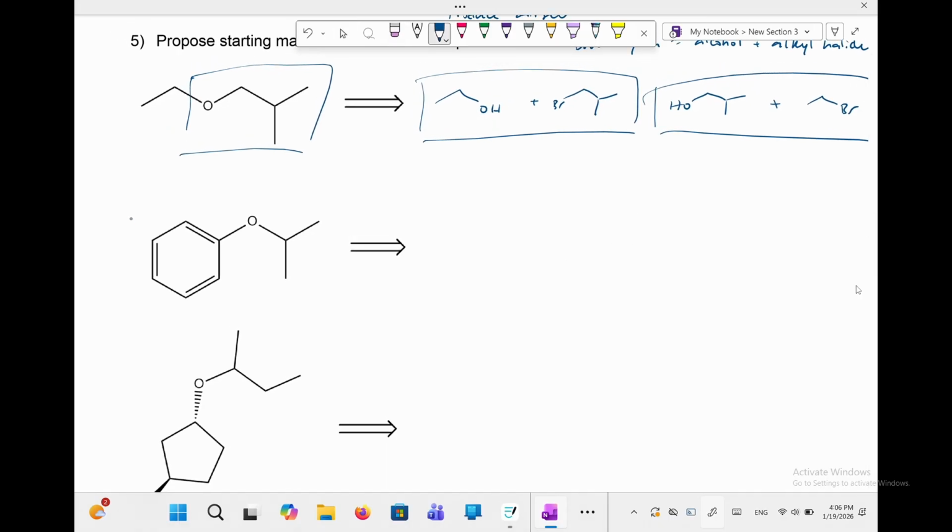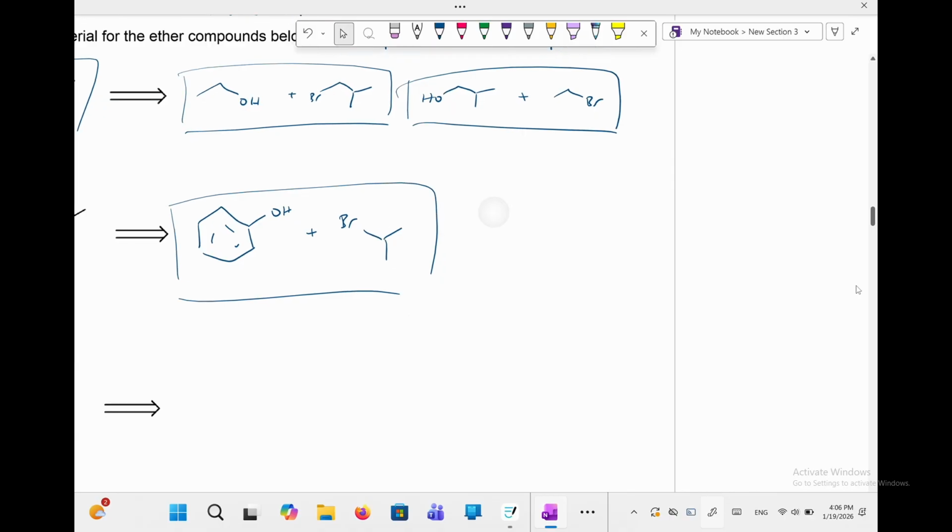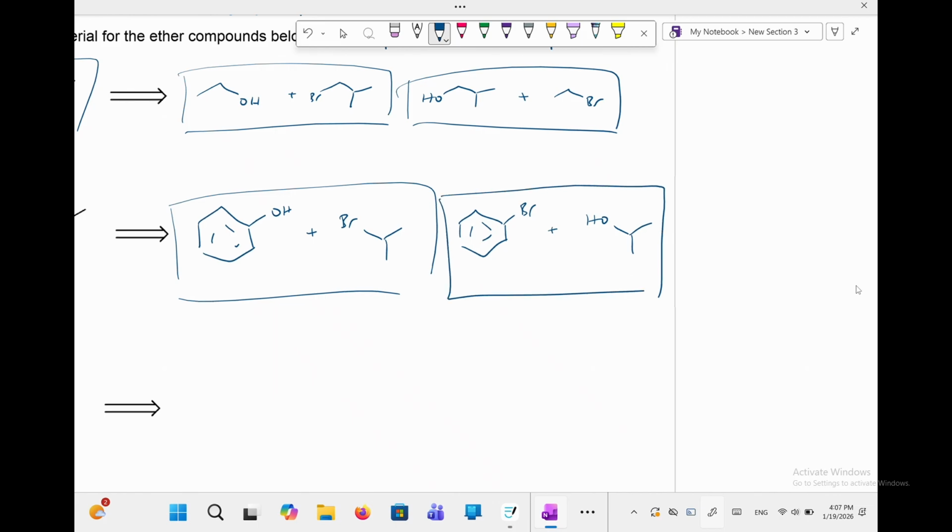So let's do the other one right here. Whatever's inside the box is going to be my alcohol, while whatever's not in the box is going to be my alkyl halide. So that's one set. The other set could be that this aromatic is going to be my alkyl halide, and the other component is going to be my alcohol.